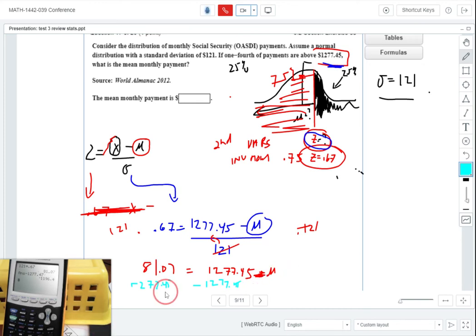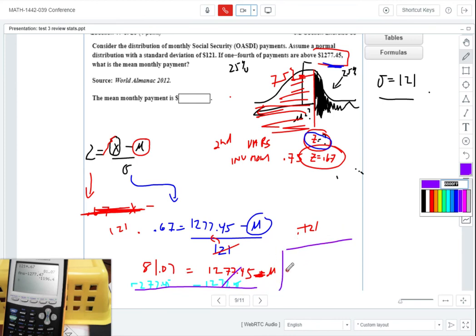Sorry, I'm running out of room here, and I shouldn't have used that light color blue. I end up with negative 1196.4 equals a negative average.